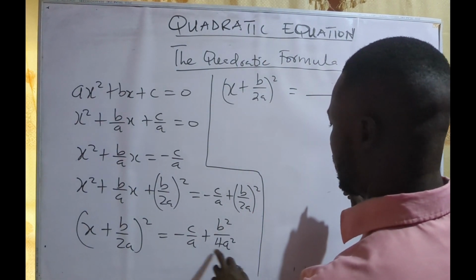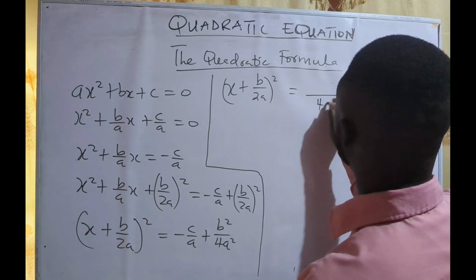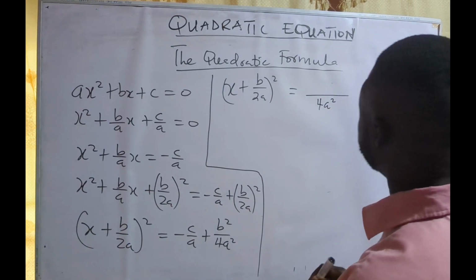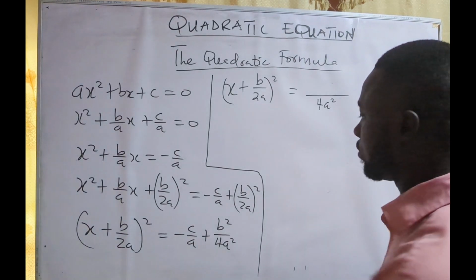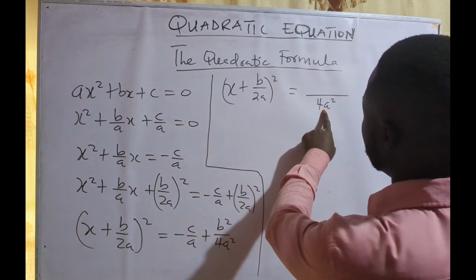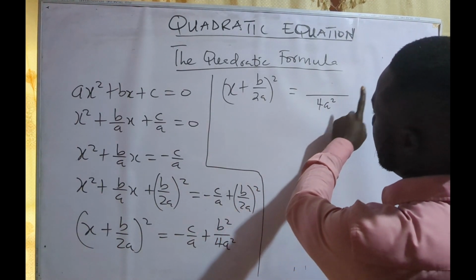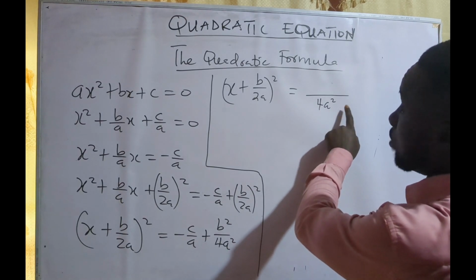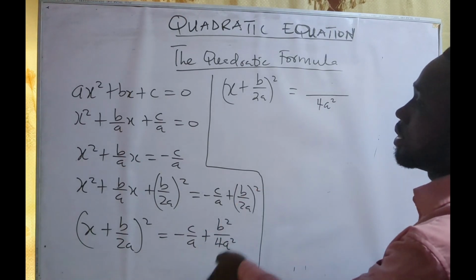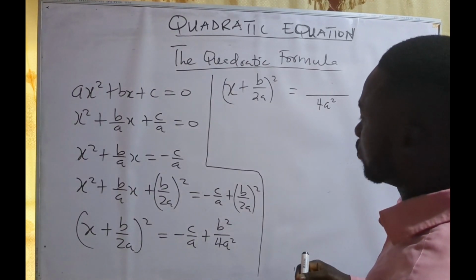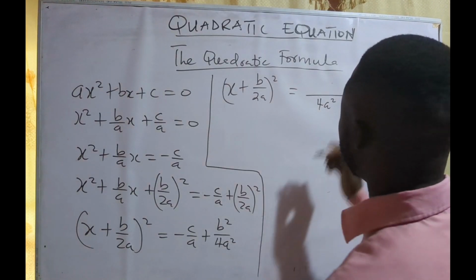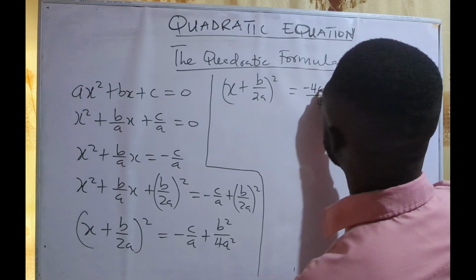The LCM will give me 4a squared, because a is a factor of 4a squared, and 4a squared is a factor of itself. So a will go into 4a squared, a will go into a squared, a times a, and then multiply by the 4. So 4a. Then we multiply by minus c, so that is minus 4ac.